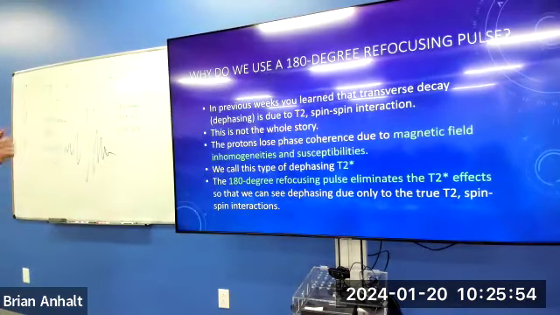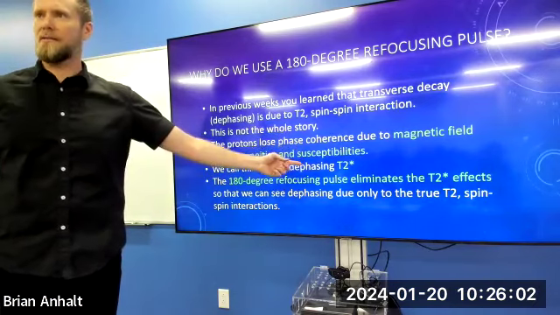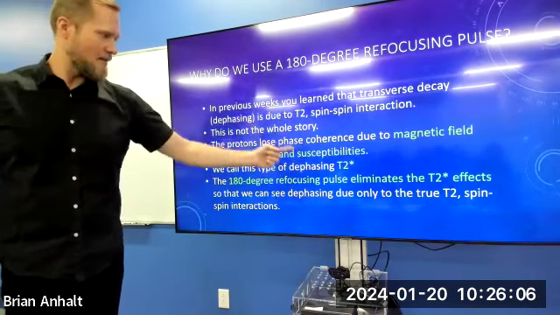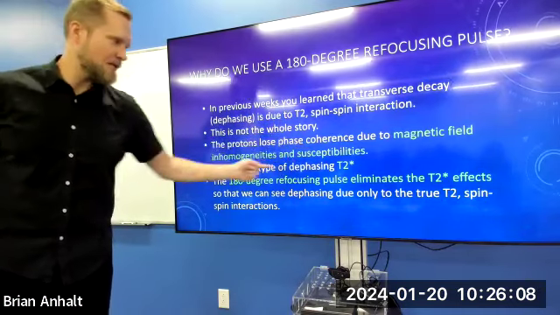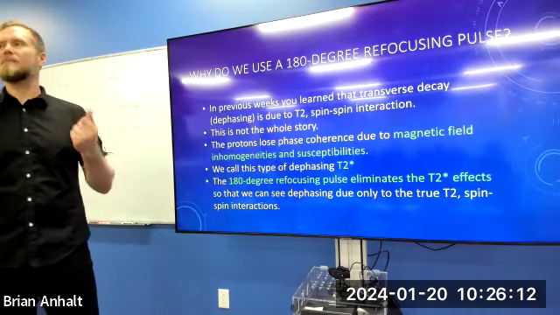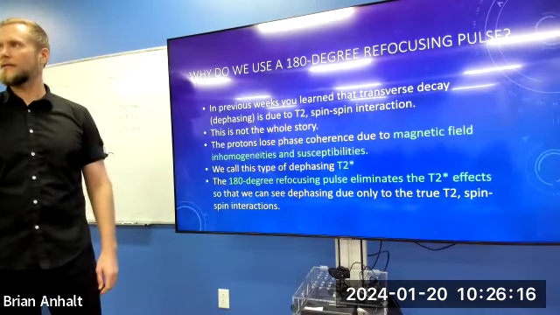And that is true, but it's not the whole story. The protons lose phase coherence due to magnetic field inhomogeneities and susceptibilities, as well as spin-spin interactions. This T2 star dephasing happens much faster than T2 spin-spin interactions.